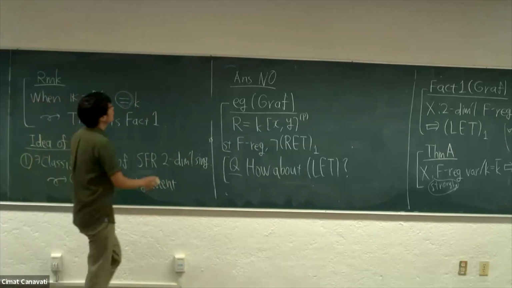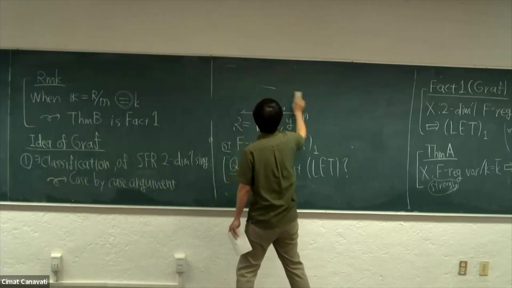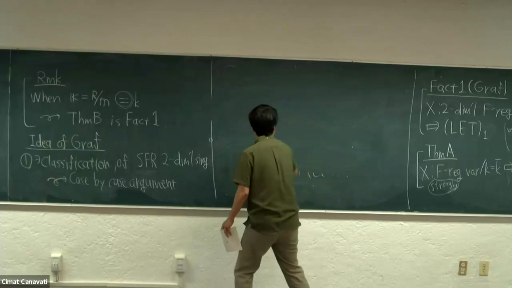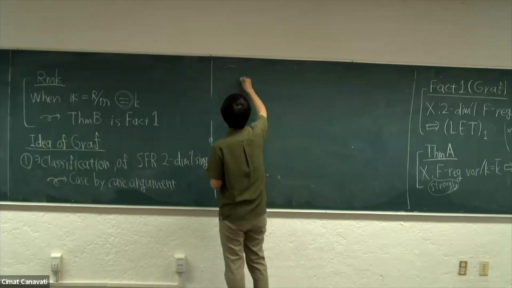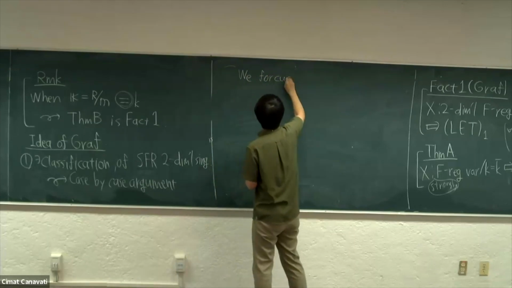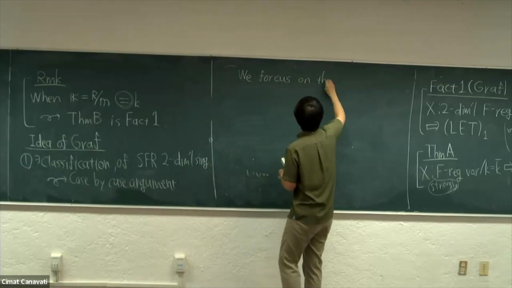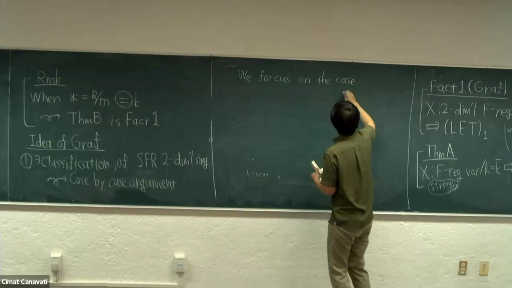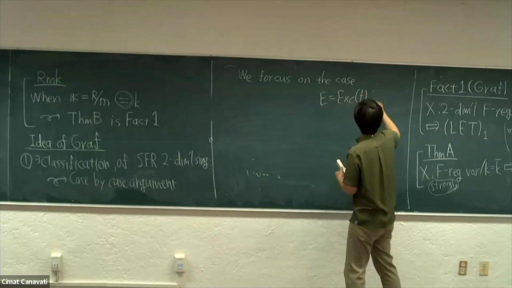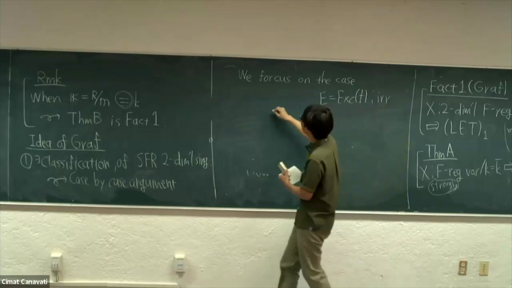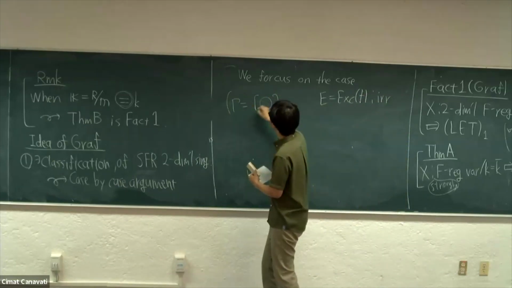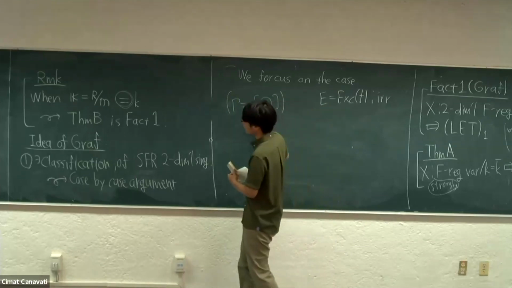For simplicity, we only explain the most trivial case. Today we focus on the case where the exceptional divisor is irreducible, so the dual graph is just a point. So I explain only this case.